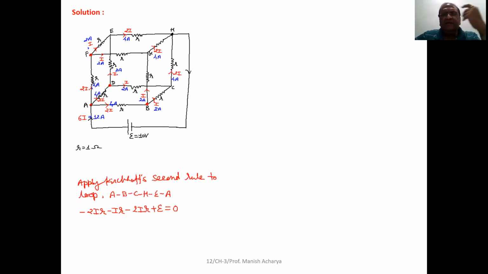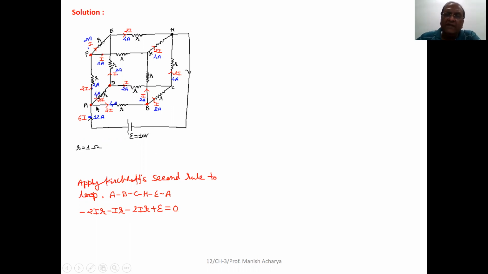Here you can consider any loop arbitrarily, provided that you have to take the battery within the loop. Here we consider the loop A, B, C, H, then E to A. Loop is completed: A, B, C, H, E, A.